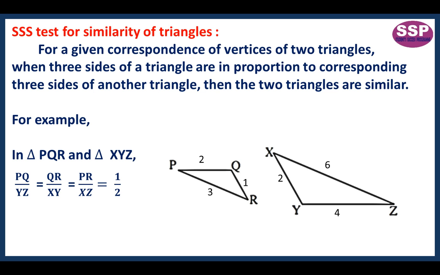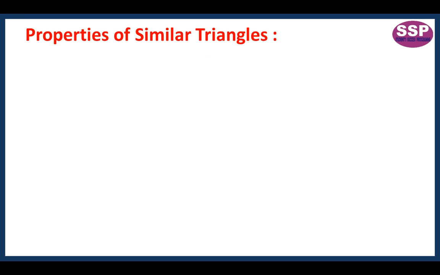That means PQ upon YZ is equal to QR upon XY is equal to PR upon XZ is equal to 1 upon 2. Therefore, triangle PQR is similar to triangle ZYX by SSS test.